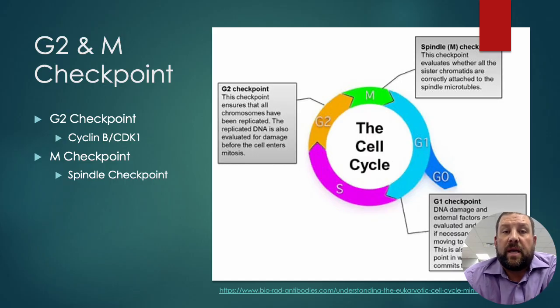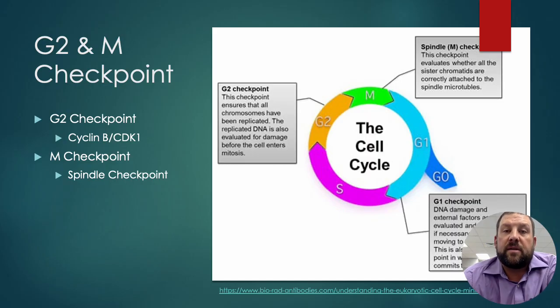When cyclin B-CDK1 is activated, it triggers processes such as chromosome condensation, breakdown of the nuclear envelope, and formation of the mitotic spindle. Importantly, cyclin B levels rise during G2 and peak at the start of mitosis, ensuring the timing is tightly controlled.